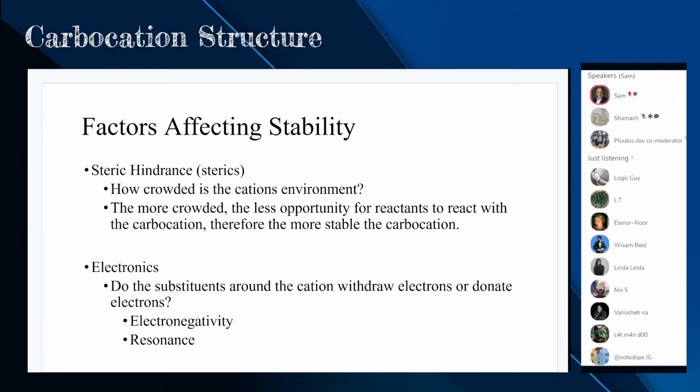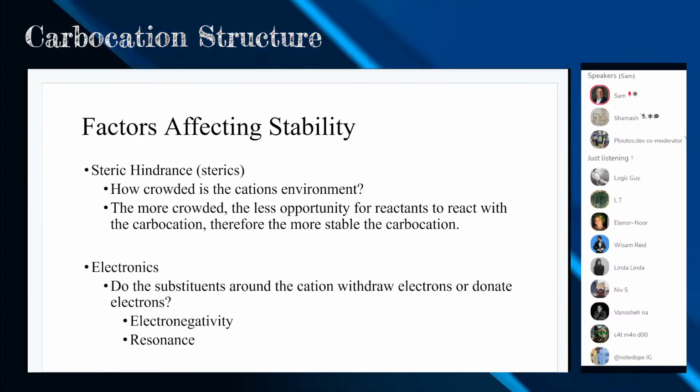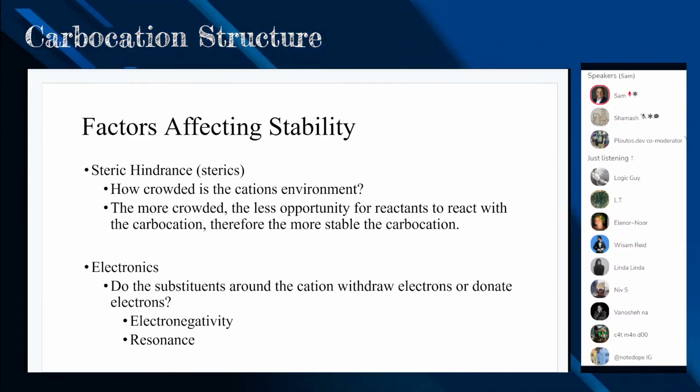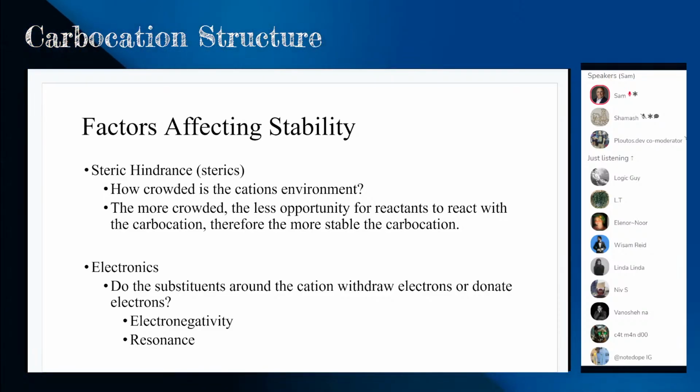The more crowded it is, the more difficult a time a reactant has to reach the reaction site. It's too crowded. And so whatever is at the reaction site will have a much longer time in existence.